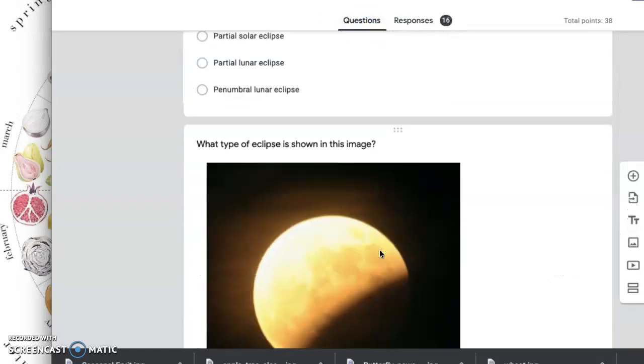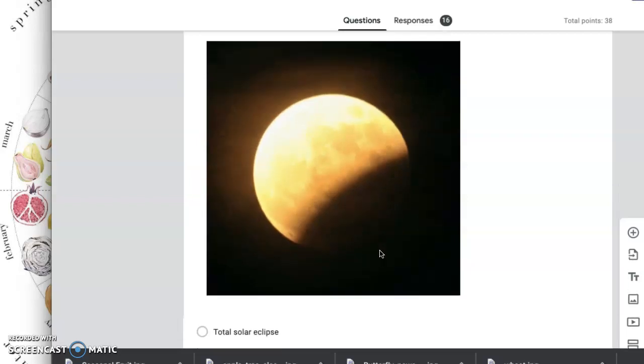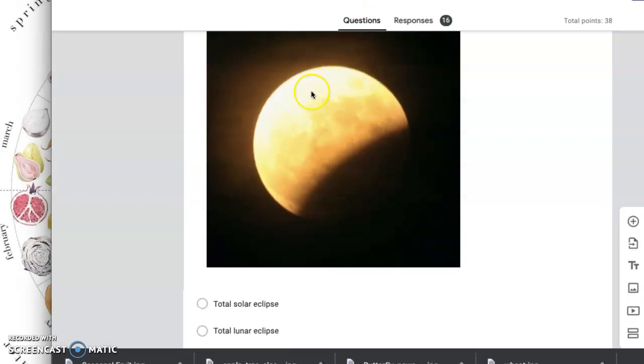In the next question, I presented you guys with this image. What type of eclipse is shown in this image? Okay. So this here is the moon, and we can tell it is the moon because you could see what you would call spots here, which are actually the craters of the moon.